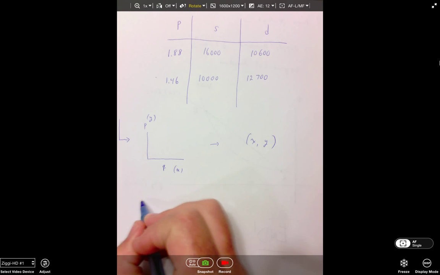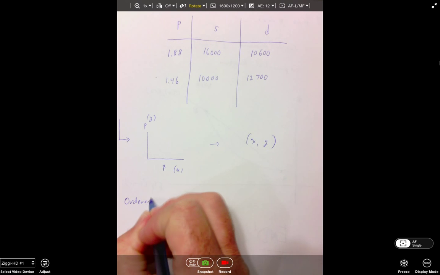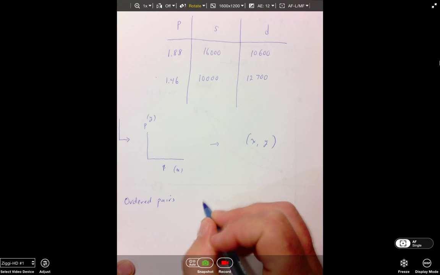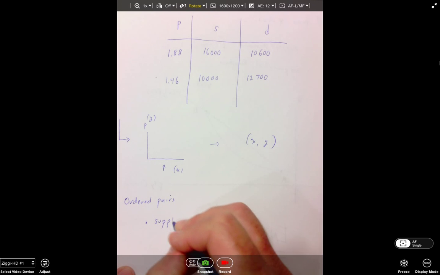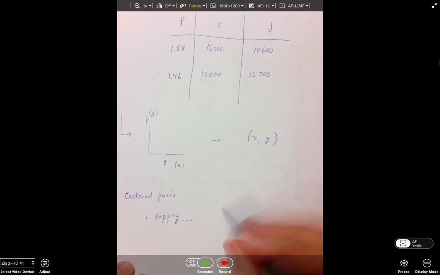So ultimately the ordered pairs for the supply are 16,000, $1.88, and 10,000, $1.46.